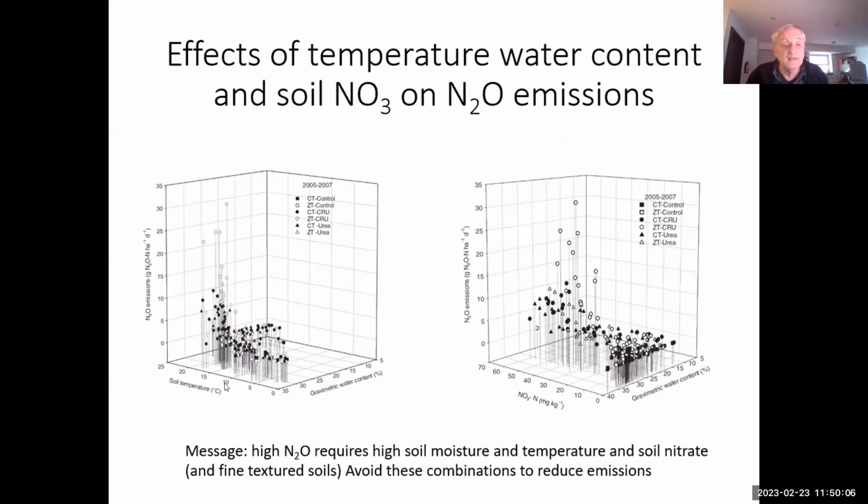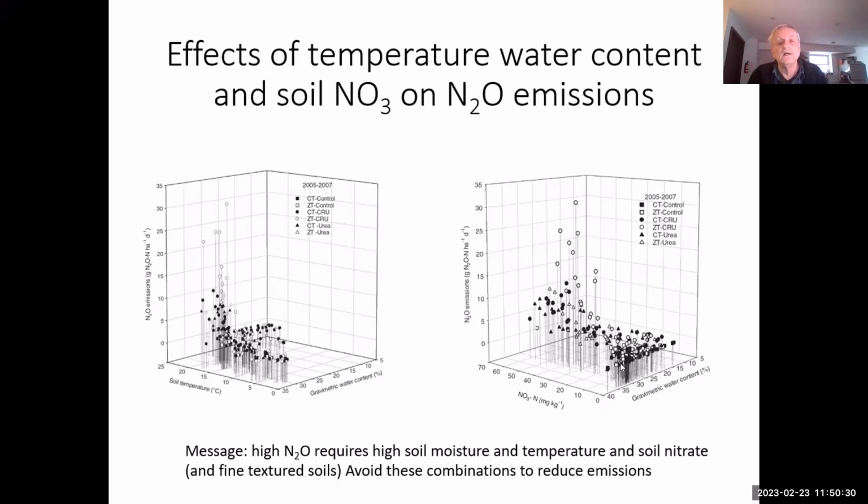Where soil temperature is high, together with soil moisture being high, which is over here, you have real spikes, really high emission levels, and they contribute to the annual total. Where you don't have either one or the other, they tend to be much lower. And the same with high nitrate levels in the soil. High fertilizer and high moisture will give you these spikes, these peaks.